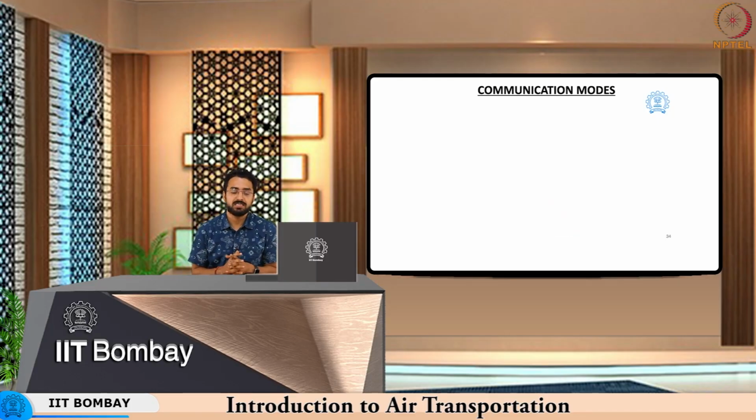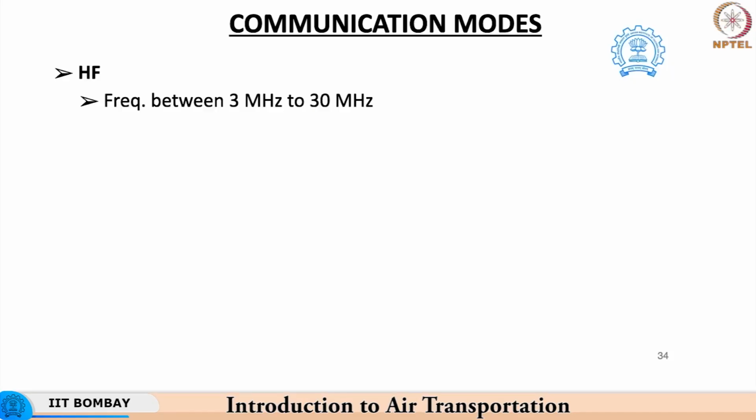In order to mitigate these two shortcomings, that is short range and not being available in polar regions, the other mode of communication used by aircraft is called the high frequency communication mode, which operates in the frequency band of 3 megahertz to 30 megahertz. Now, this has a narrower bandwidth compared to VHF and SATCOM.